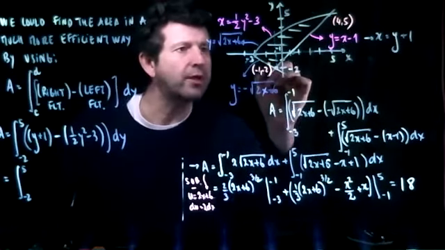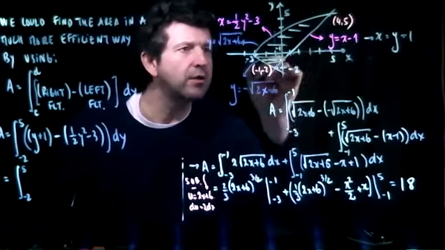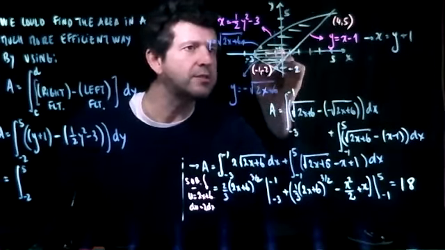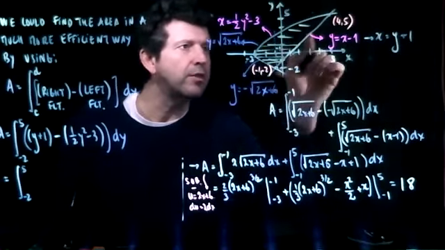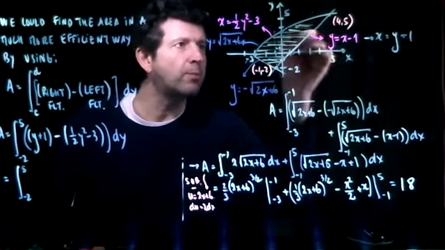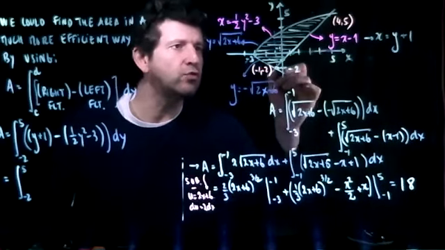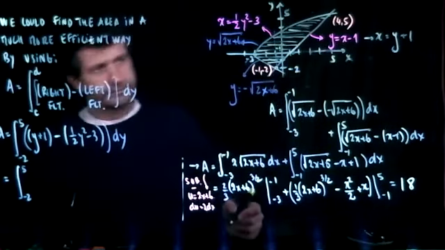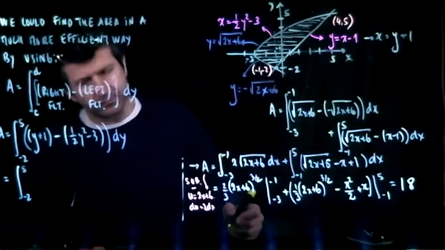Okay, so I'm finding all the distances between this function and this one, all the way, for all possible values of y, from -2 all the way up until 5.